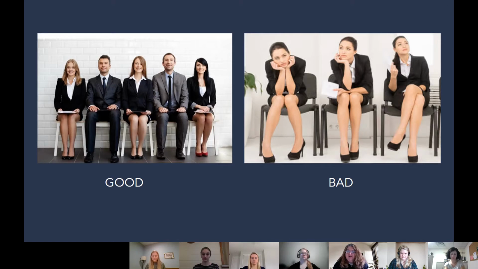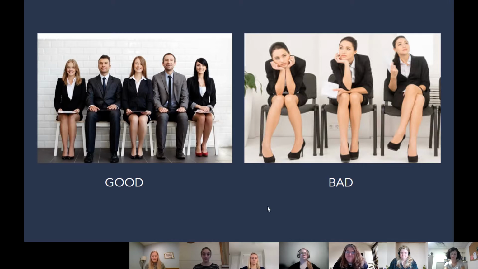Her head and her hands are very much in contrast to the slide with the better posture because she's hunched over and not really showing that she's being professional. So it kind of looks like she's just hanging out, not in that formal situation, not really engaged.